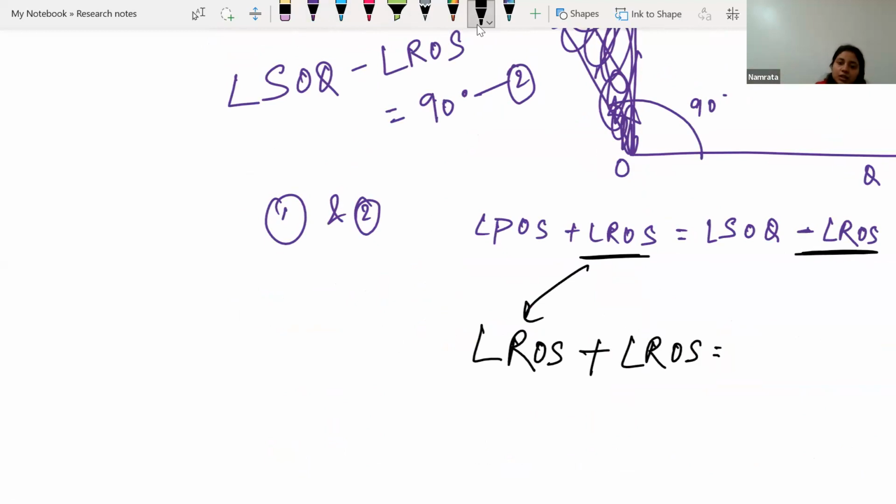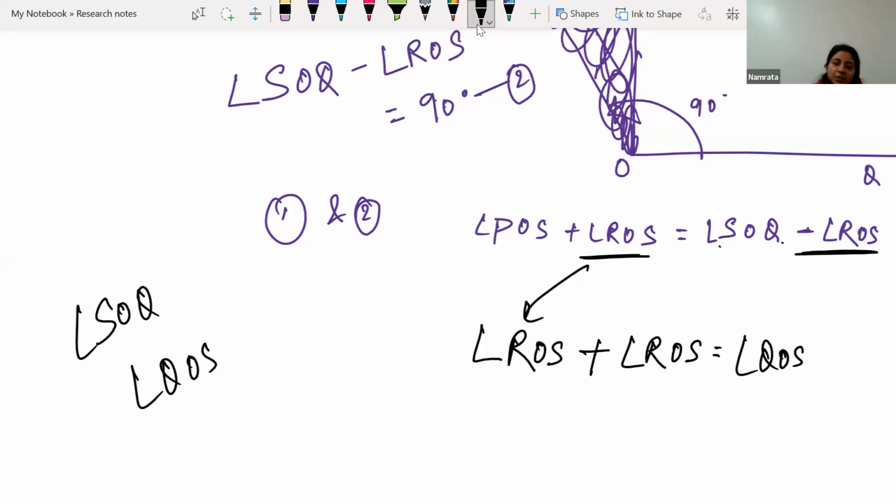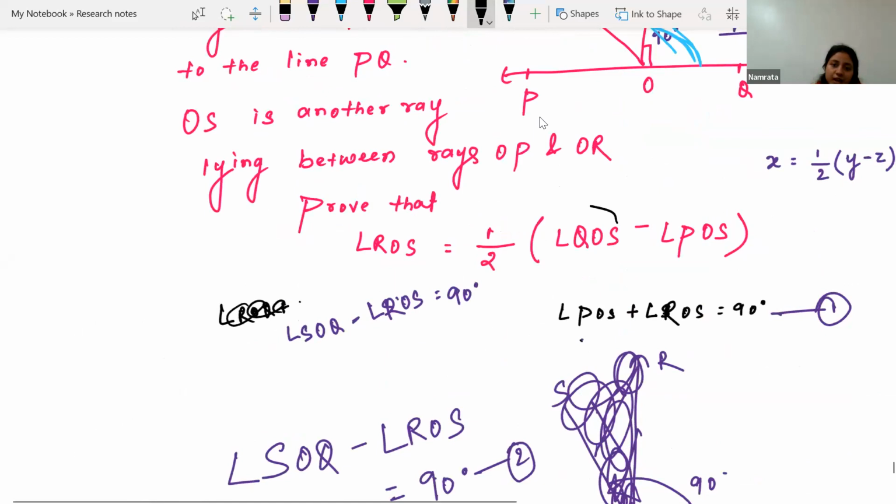Angle SOQ and angle QOS is the same thing, right? Yes. So instead of SOQ, I am going to write QOS. Why? Because I can see in the proof we are having QOS. So let's write it in this way only.